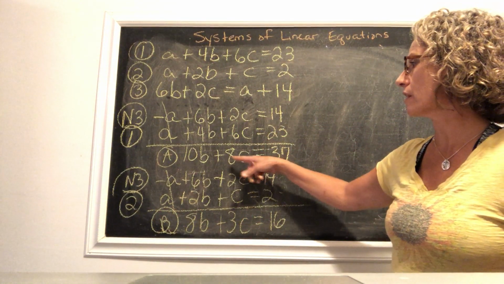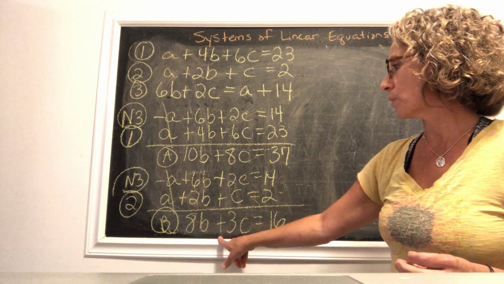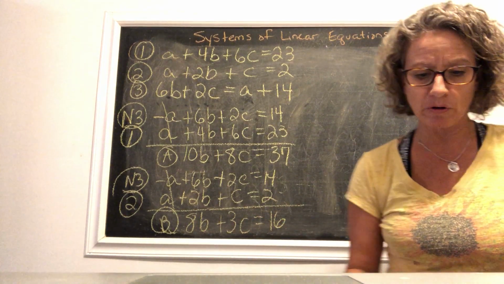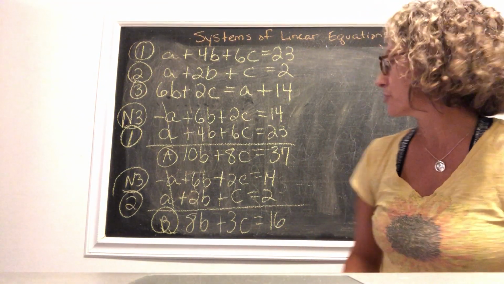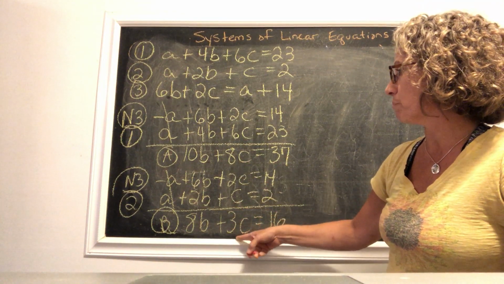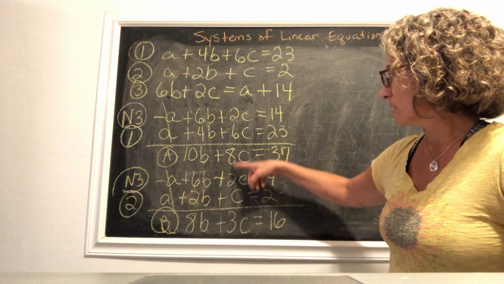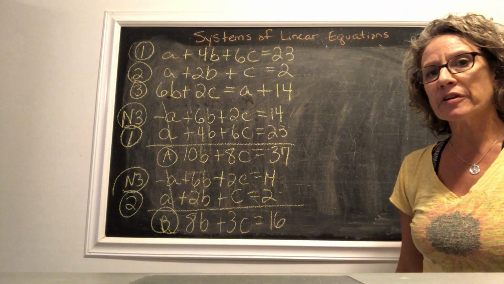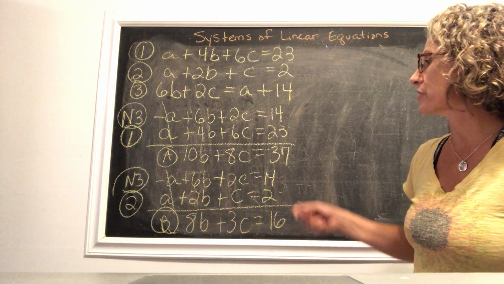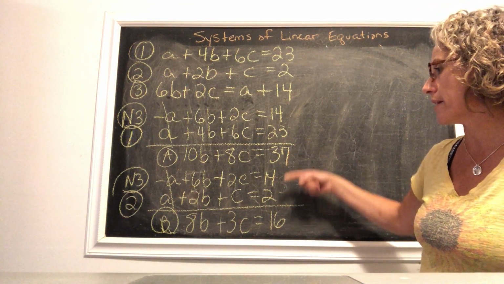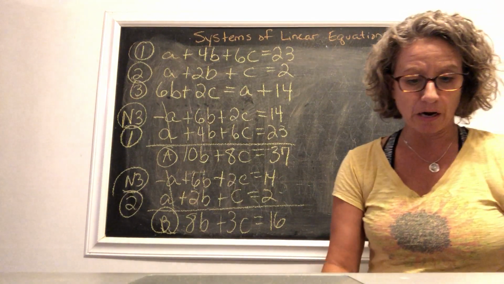Okay, now equation A has a B and C variable. Equation B has a B and C variable. So I need to combine equation A with equation B. Unfortunately, the variables have no opposites. They don't match. It looks like I'm going to have to change both the A and the B in order to make an opposite pair.